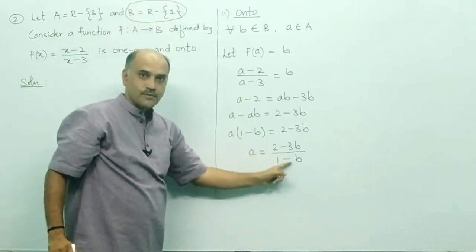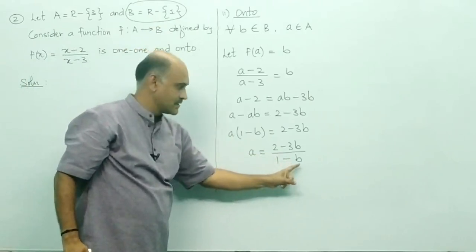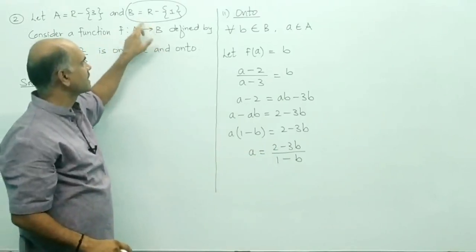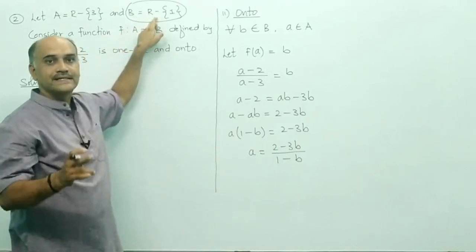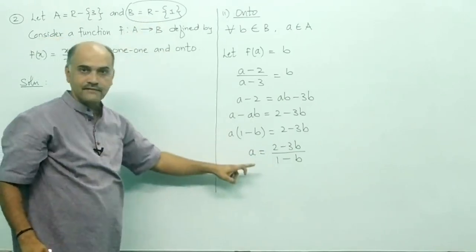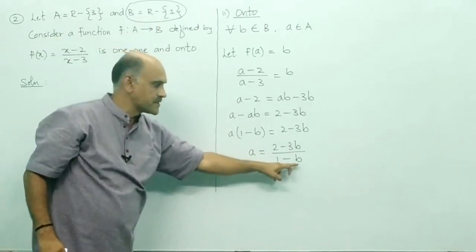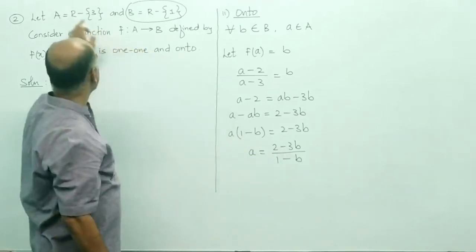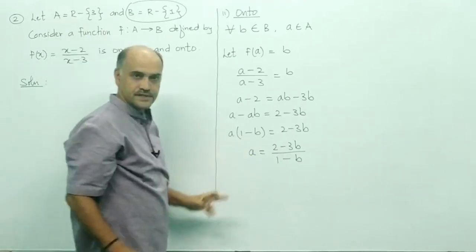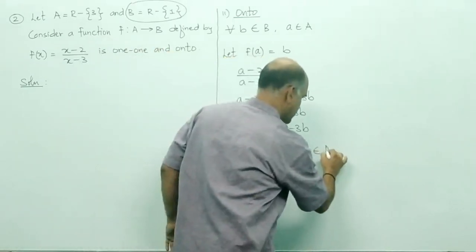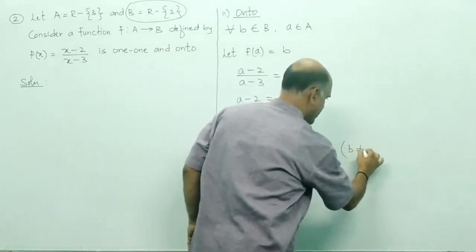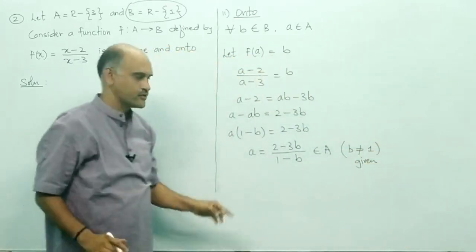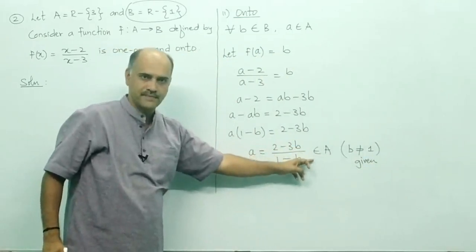Except 1, it can take any other value, so the denominator will not be equal to 0. So you will get a as a real number belonging to A. So here I will write b is not equal to 1. This is given. b is not equal to 1, therefore a belongs to capital A.